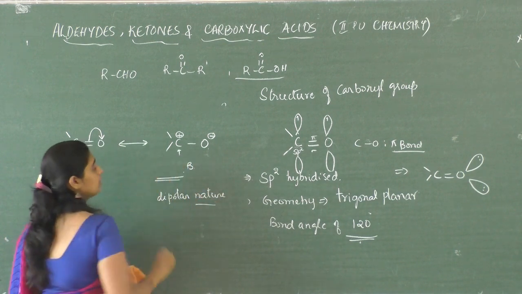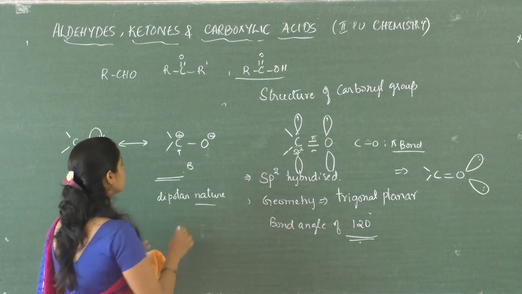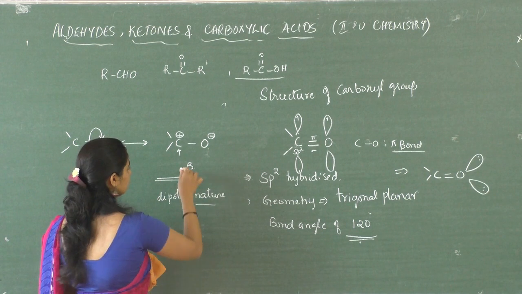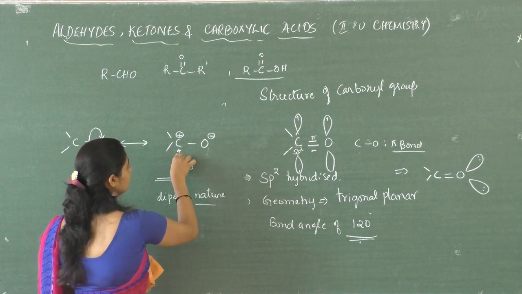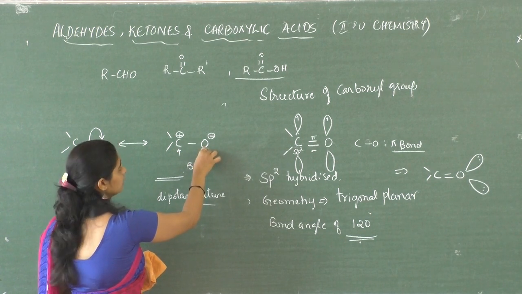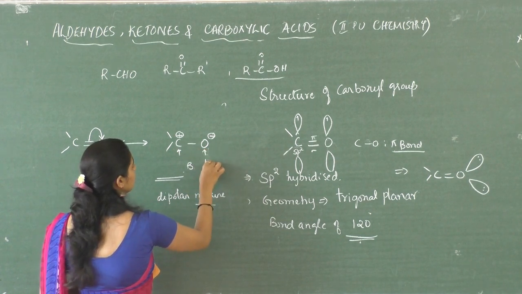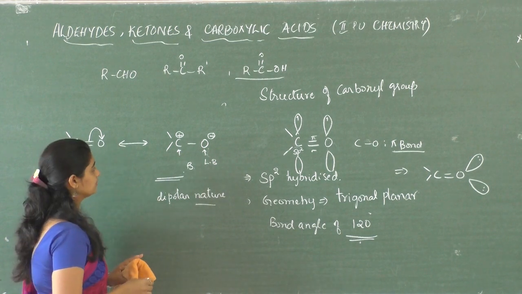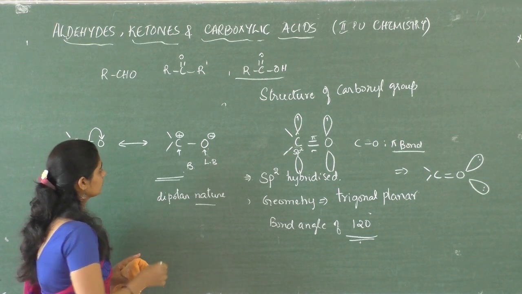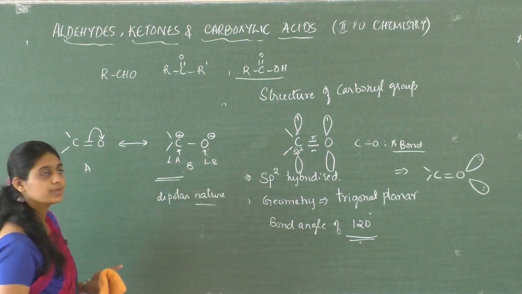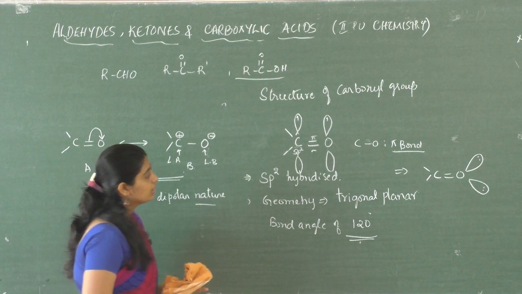This carbon, being positively charged, acts as an electrophile, so it is a Lewis acid, and the oxygen, being negatively charged, will act as a Lewis base, which tends to donate electrons.